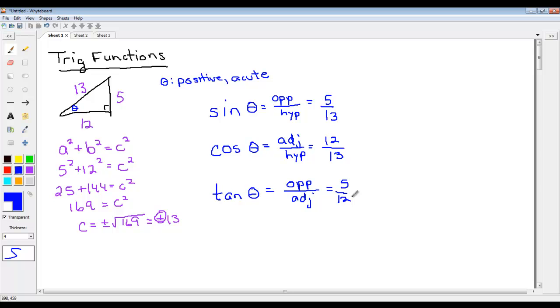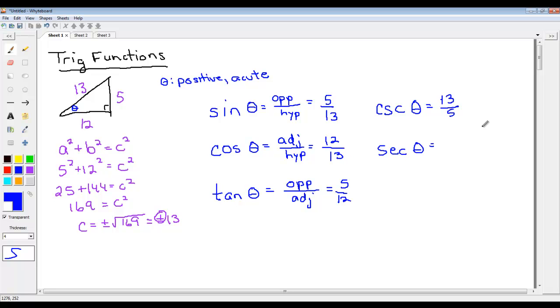Next we can do the reciprocals, the reciprocal functions. The reciprocal of sine of theta is cosecant of theta. So reciprocal, hypotenuse over opposite, so 13 over 5. Then cosine's reciprocal is secant.